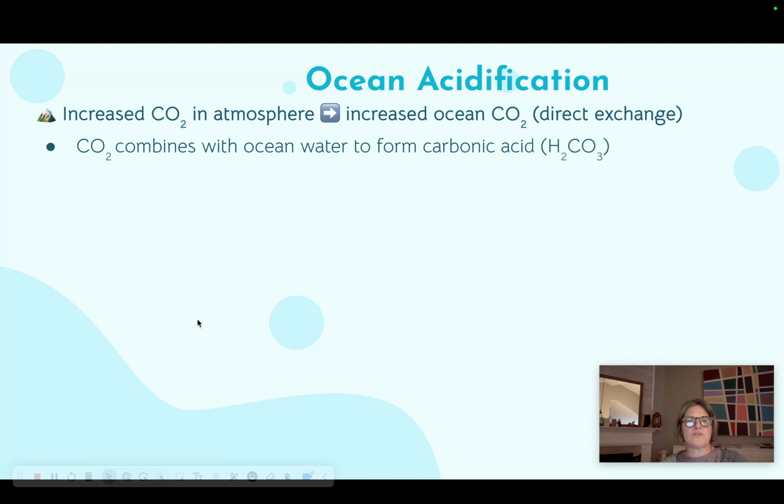And when the CO2 combines with ocean water, it actually forms carbonic acid, H2CO3. You do not need to know the chemical formula for carbonic acid, but you do need to know that this is a very common theme. We discussed this in Unit 7, and we're now discussing it again in Unit 9, that when CO2 or NO2 or SO2 combine with water, it forms either carbonic acid, sulfuric acid, or nitric acid.